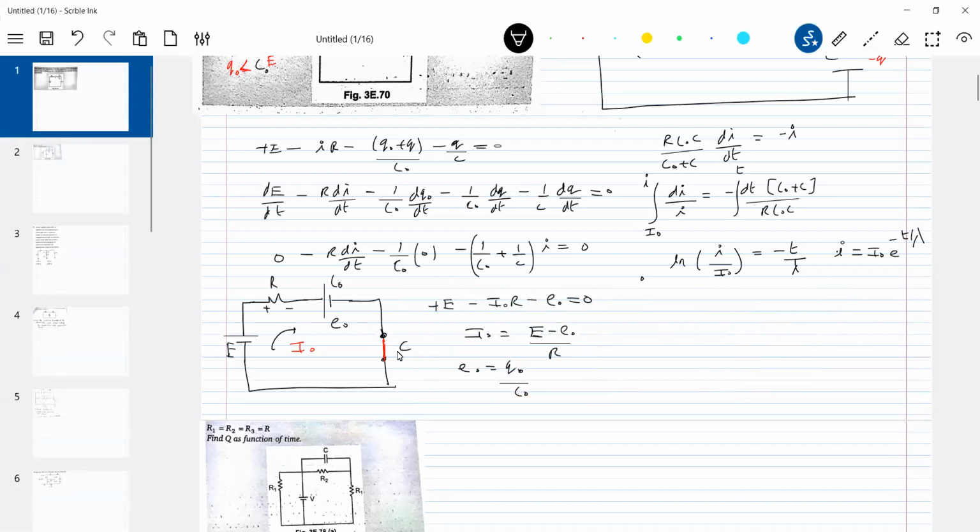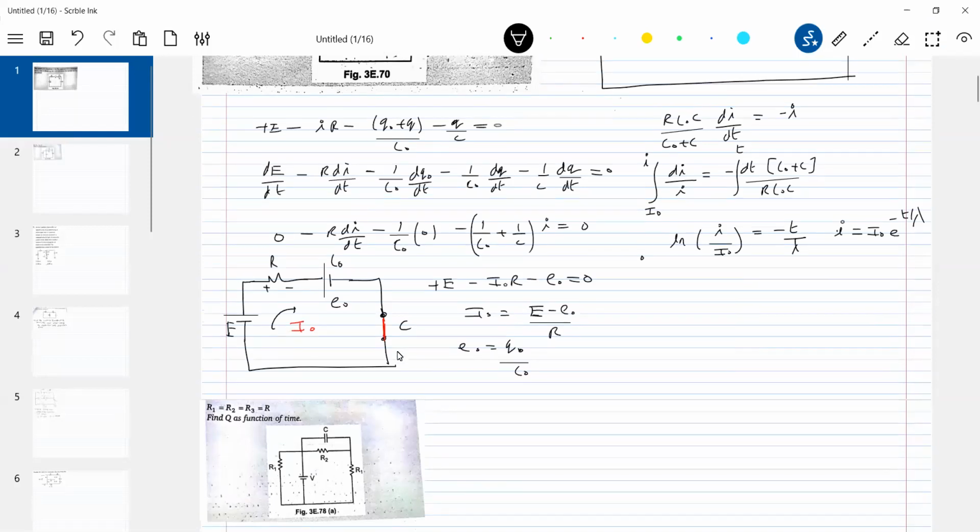The value of I naught will be equal to E minus Q naught by C naught by R, or E C naught minus Q naught. I think the equation itself will tell you, if Q naught is greater than E C naught, current will be in opposite direction.